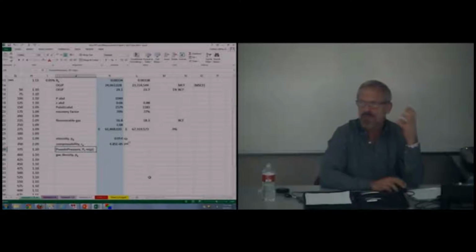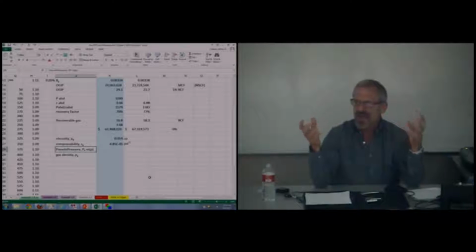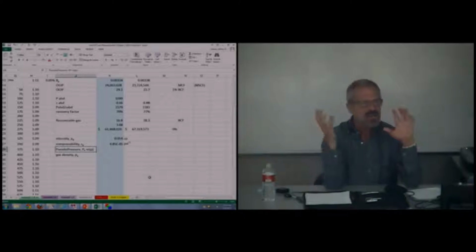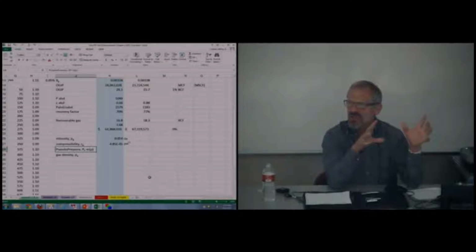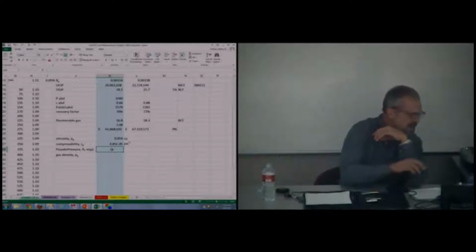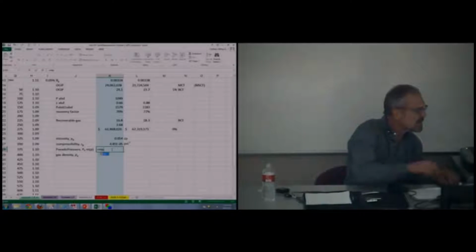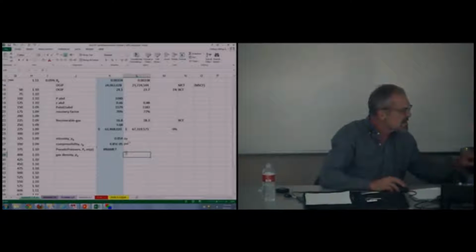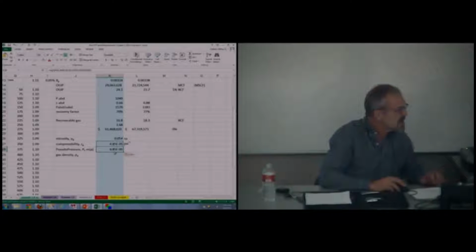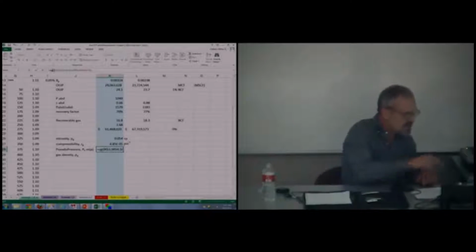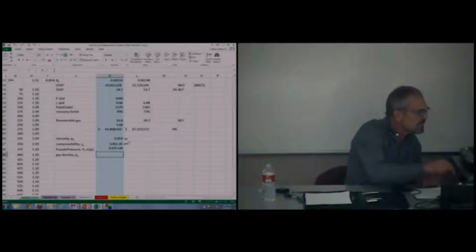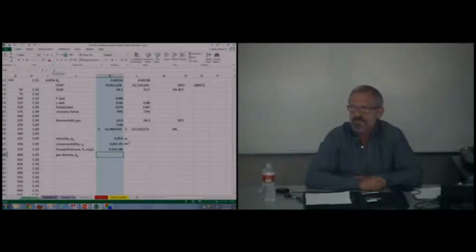M was a function of pressure. Remember I told you the author was just looking for the magical transformation, so that he could use all the liquid flow equations if he could just figure out the transformation for gas. And it was M of P, or pseudo pressure. And so I think this is M of P, right? It's M of P. So I can do this same copy down thing again and change the spelling this time to MP. And now I got my pseudo pressure.